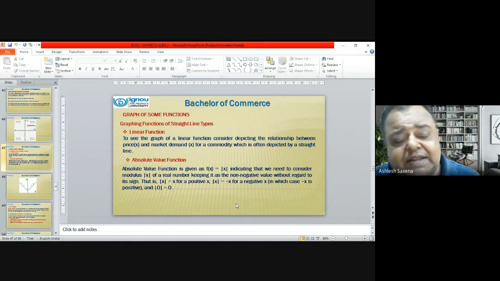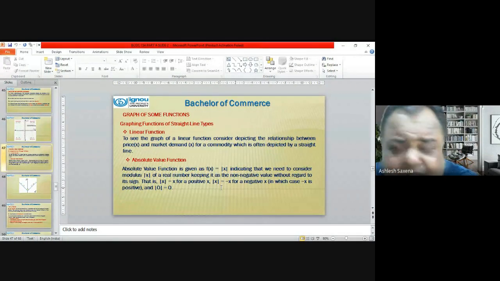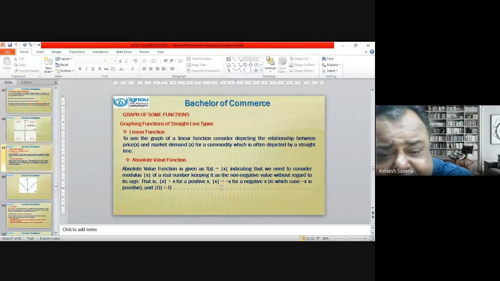That is why it is placed in two vertical lines, mod of x, what is known as mod of x or modulus of x. Whatever the value of x, its answer will be positive. Suppose we have minus 1, its answer will be 1. And if we have 1, its answer will be 1. And if we have 0, its answer will be 0.